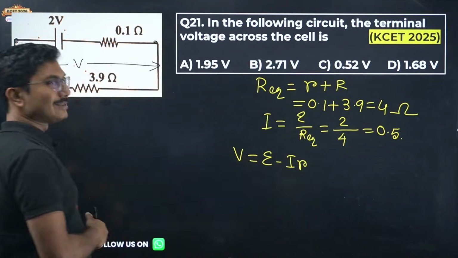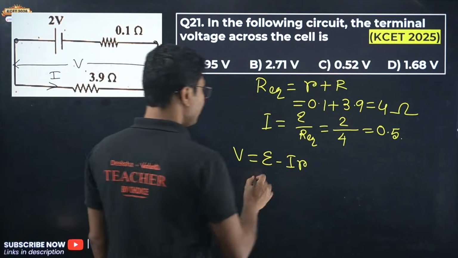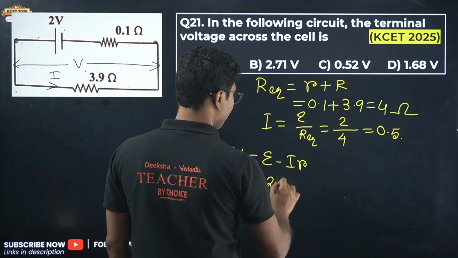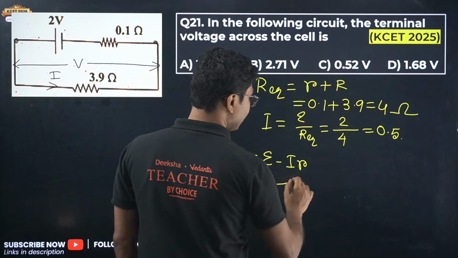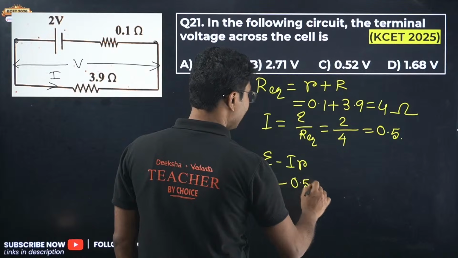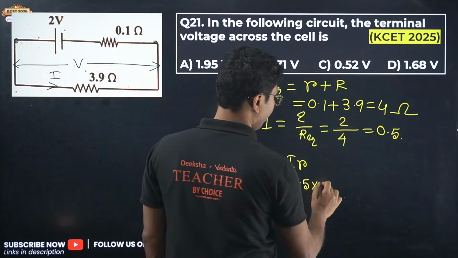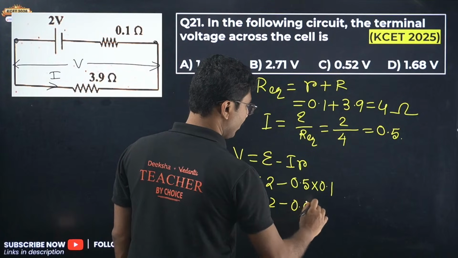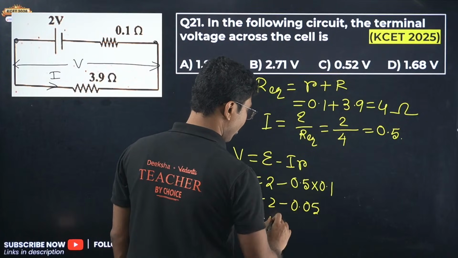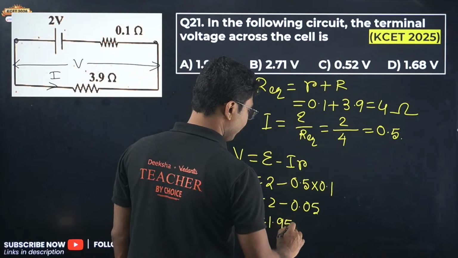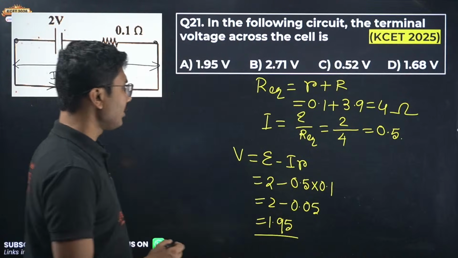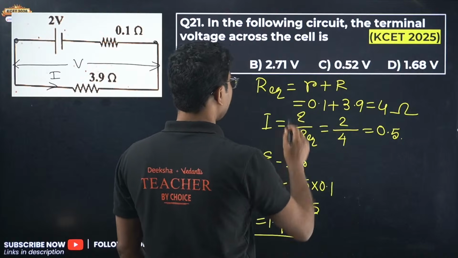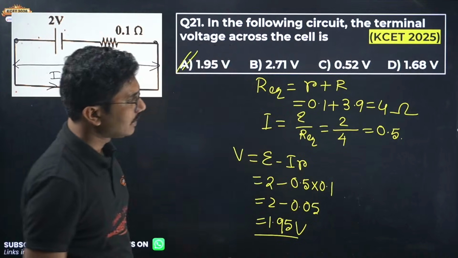In this particular case this is easier. So epsilon is 2 volt minus current 0.5 times small r 0.1, that is 2 minus 0.05, that is 1.95. 1.95 volt is the terminal potential, easy.